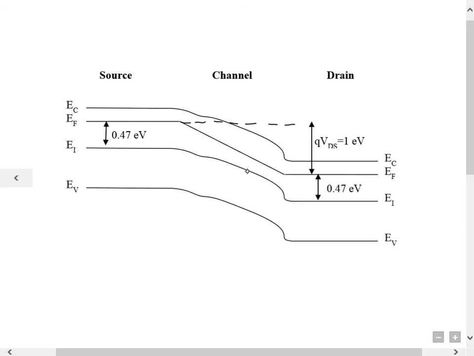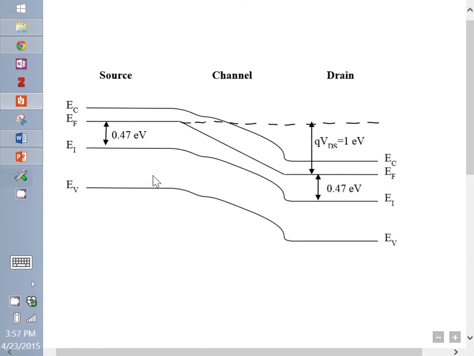The difference between the Fermi level on this side and the Fermi level on this side is 1 electron volt, because there's 1 volt applied to the system. So, since this side is lower, you'll notice that you have 2 discrete Fermi levels, one at the source side, one at the drain side, and over the channel region, the Fermi level goes down linearly like this.